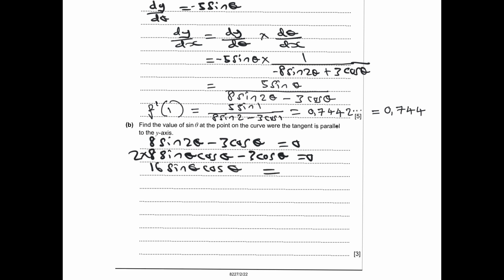Now if we take negative 3 cos theta to the other side, we have positive 3 cos theta. So then we can cancel out cos theta. What are we going to get? 16 sine theta equal to 3. Then we divide both sides by 16. We get sine theta is equal to 3 over 16.